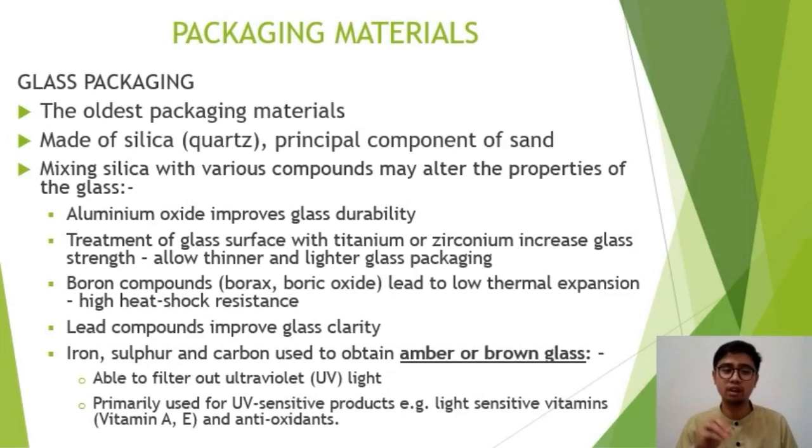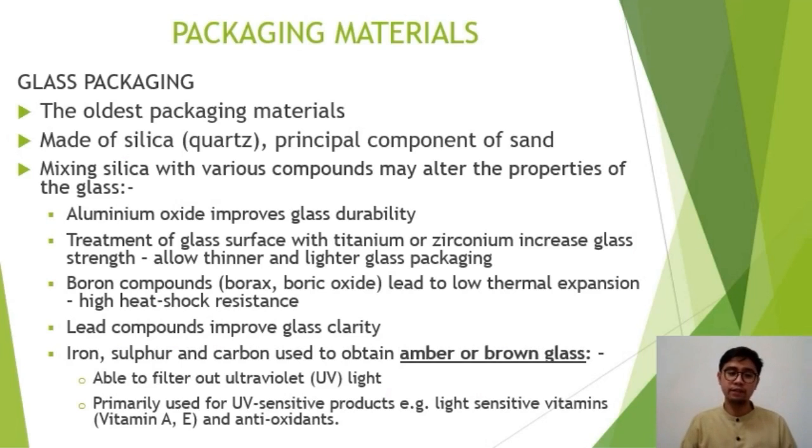It is the oldest packaging material, and it is made of silica, which is the principal component of sand. So mixing the silica with various compounds can alter the properties of the glass. For example, if aluminum oxide is mixed with the silica, it will improve the durability of the glass.